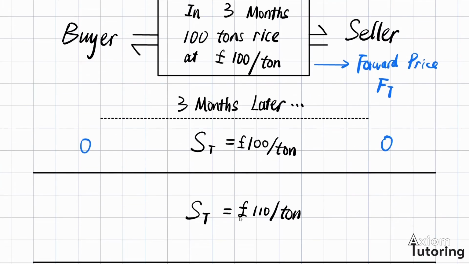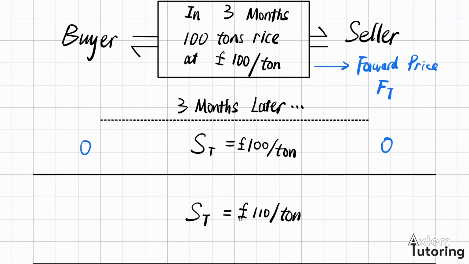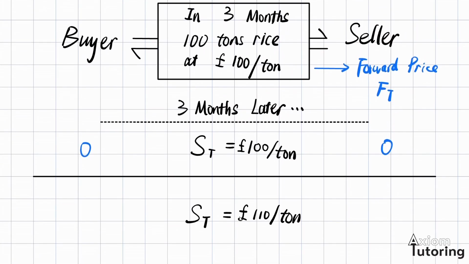Right? So now with that logic, what happens if the spot price in 3 months' time increases to £110? As the buyer here, he would make a gain from this forward contract. Why?